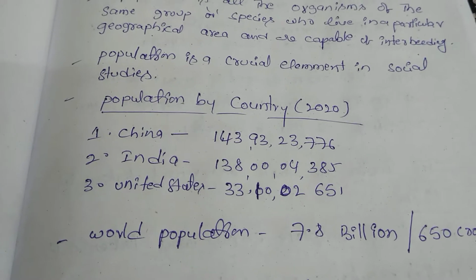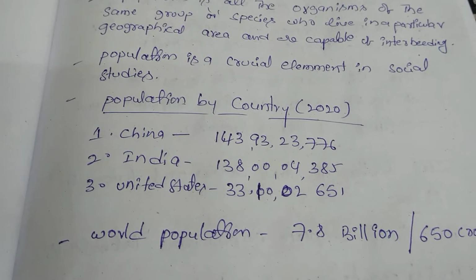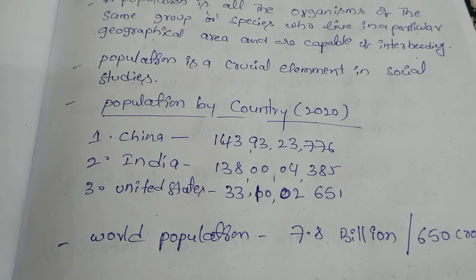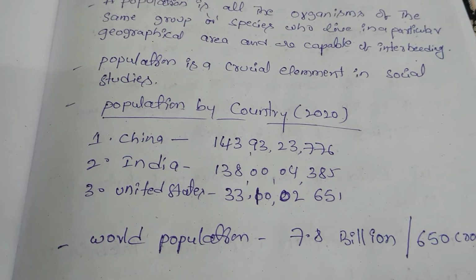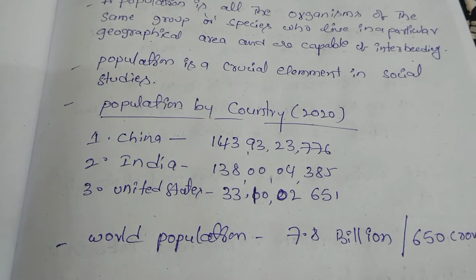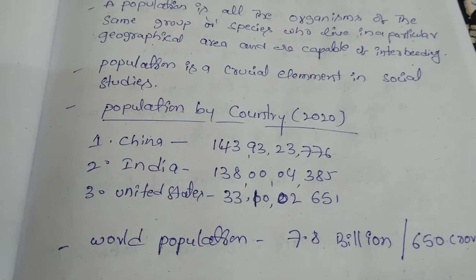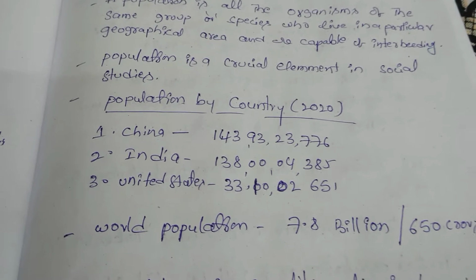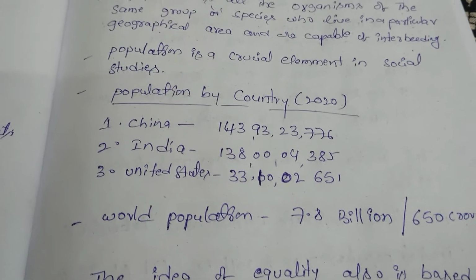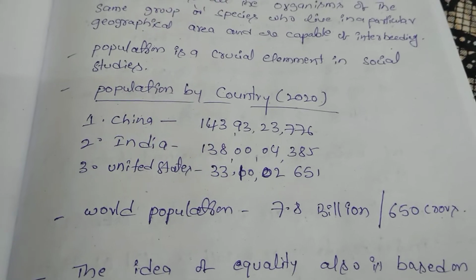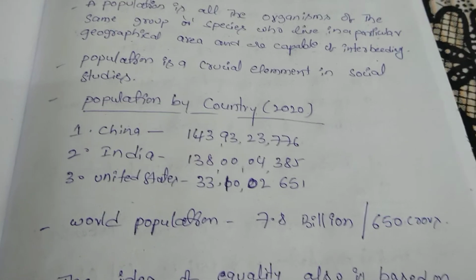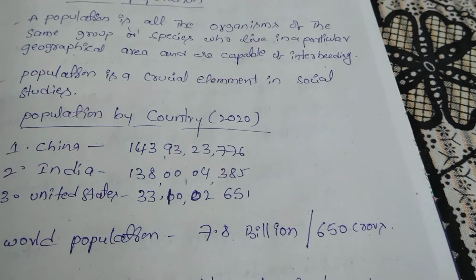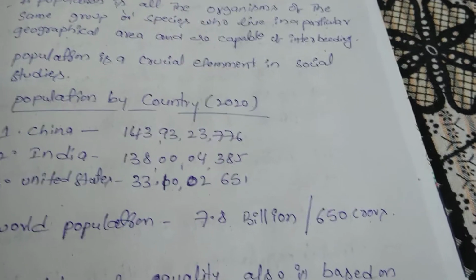In India, 138 crores 4,385, and third place United States, 33 crores 10 lakh 2,651 people are there in United States. Total population in the world is 7.8 billion or 650 crores.